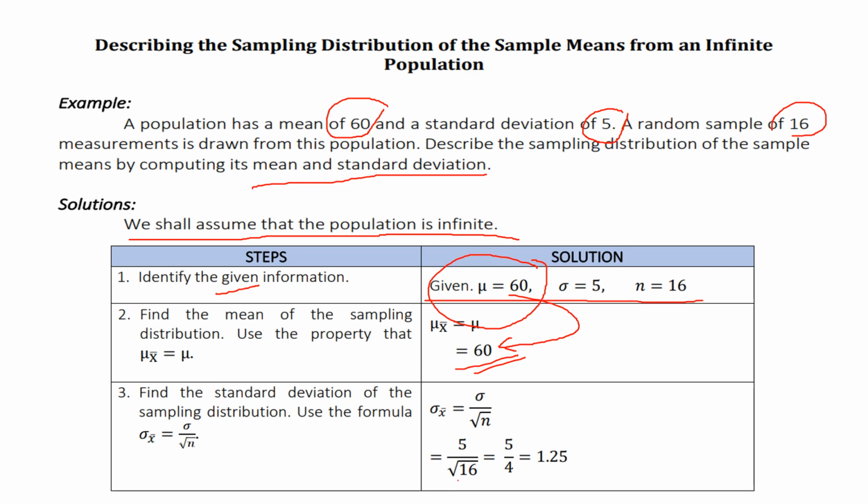Since 16 is a perfect square, the square root of 16 is equal to 4. So 5 over 4 is equal to 1.25. So therefore, the value of your mean is 60, and your standard deviation is equal to 1.25.